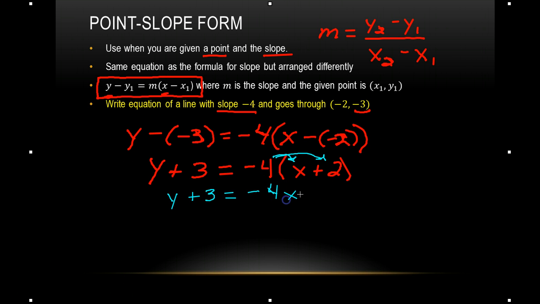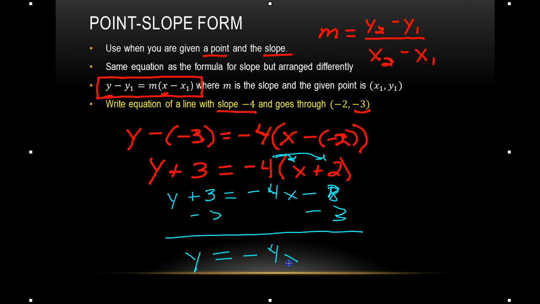And then get y by itself by subtracting the 3, to get a final equation of y equals negative 4x minus 11.